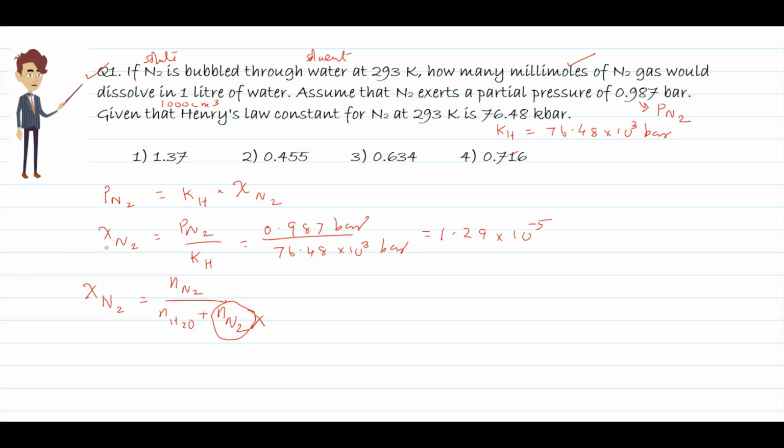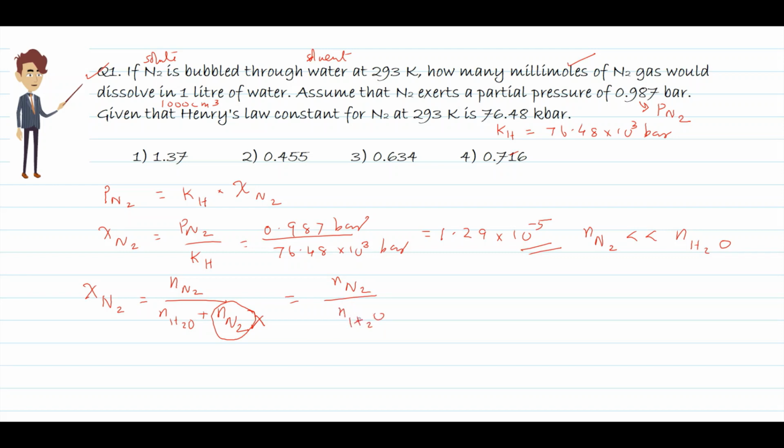Because the mole fraction of nitrogen is very small, 10 raised to minus 5. It happens when the number of moles of nitrogen is far less than the number of moles of water. So you can neglect moles of nitrogen in the denominator. The mole fraction of nitrogen becomes number of moles of nitrogen divided by number of moles of H2O, water.